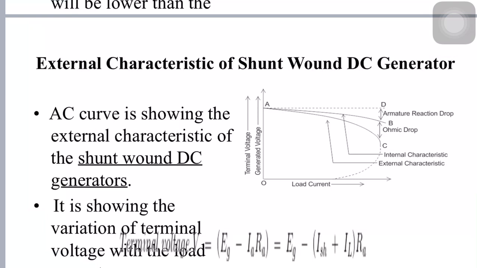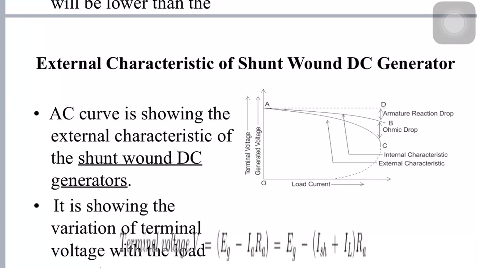We can observe in this diagram point C, where V equals E minus (ISH plus IL) into RA. This expression we already know. The point C is called the breakdown point, that is, the machine gives the maximum current output, and after the breakdown point, the characteristics reverse.